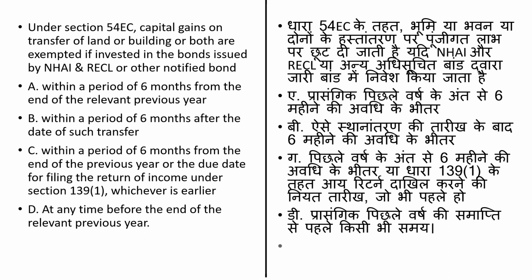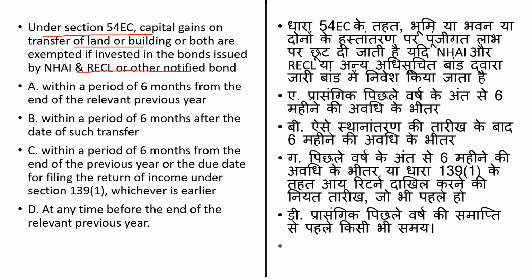The next question is: under section 54EC, capital gain on the transfer of land or building or both is exempted if the investment is made in a bond issued by the NHAI. Here NHAI means non-convertible redeemable bond with the benefit under section 54EC of the Income Tax Act 1961, and RECL or other notified bonds.